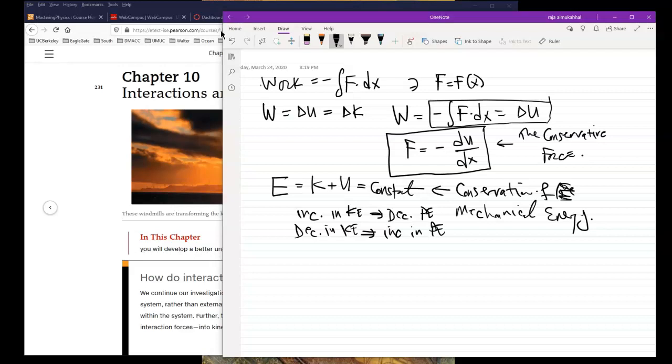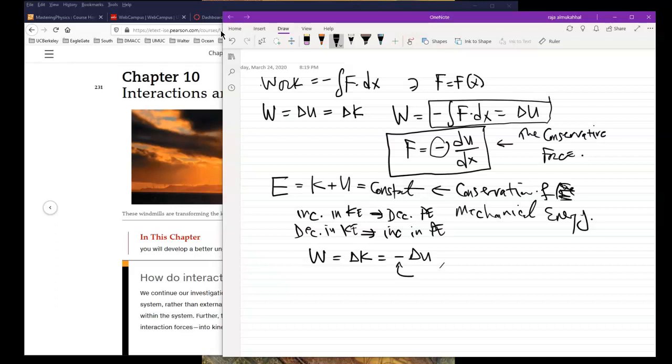This decrease and increase is given by this minus sign. This is the meaning of this minus sign. So when we say that work is equal to delta K, it is more properly said as minus delta U, because an increase in the kinetic is a decrease in potential and so on. That's the meaning of it.